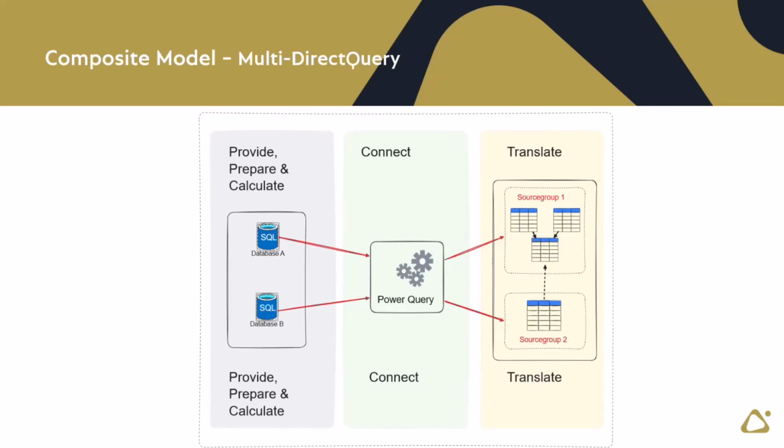And as soon as you combine more than one source group, even if both databases sit on the same server, you introduce all the implications of limited relationships between those source groups.